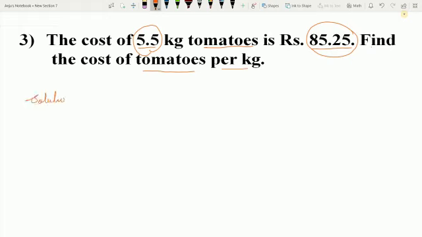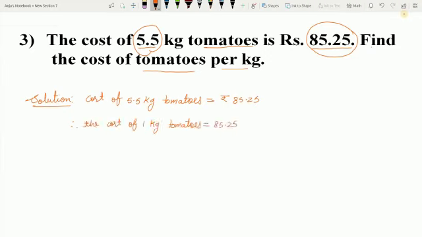So let's write the solution. Cost of 5.5 kg tomatoes is equal to rupees 85.25. Therefore, the cost of 1 kg tomatoes is 85.25 divided by 5.5.